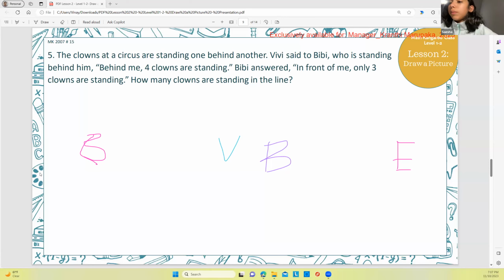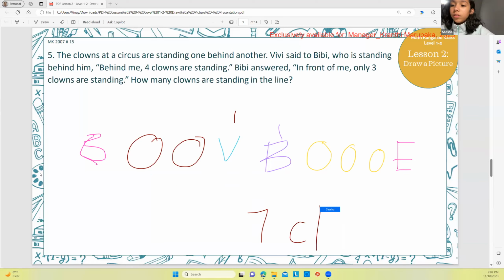So including Vivi, there are 4 clowns. So 1, this is 1. Then 2, 3, 4. And then Bibi said in front of me there are only 3 clowns. So that also includes Bibi. So Bibi's 1 and then 2, 3. So when we count, we have 7 clowns.